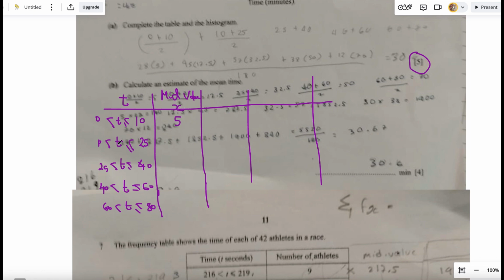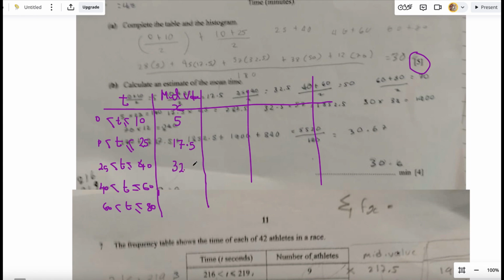The next value will be 10 plus 25, that will be 35. 35 divided by 2, you get 17.5. The next one is 25 plus 40, that's 65. 65 divided by 2 is 32.5.